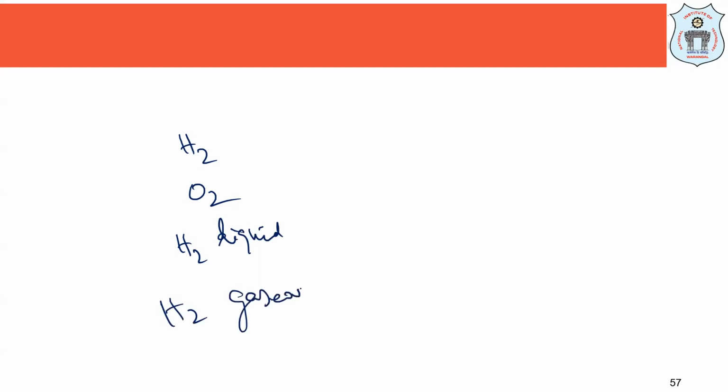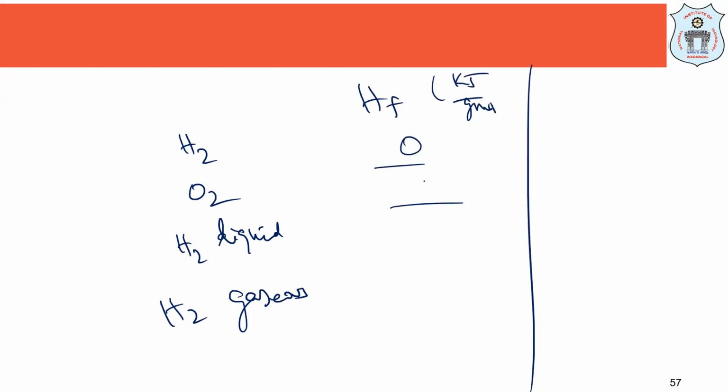Now we have a table of enthalpy and entropy of formation. For hydrogen we have a value, for oxygen we have a value, for water in liquid form we have a value, and water in gaseous form we have a value. And heat of formation is in kilojoules per gram mole. For pure elements we should be able to write immediately 0, 0, right?